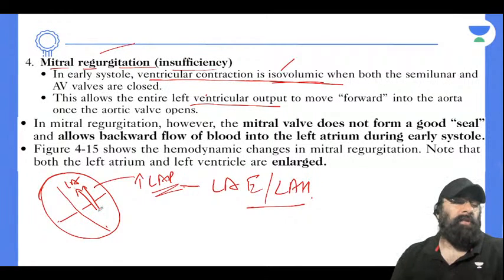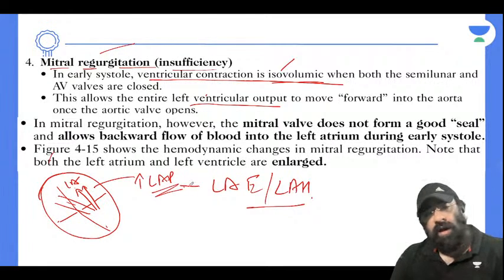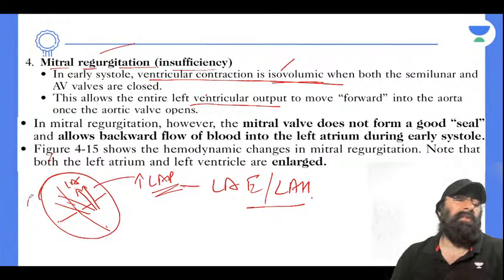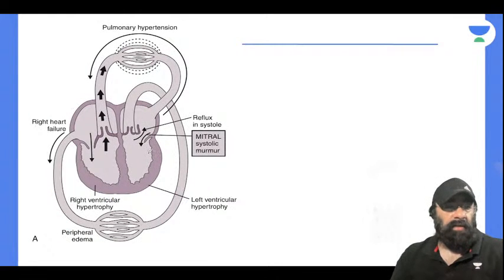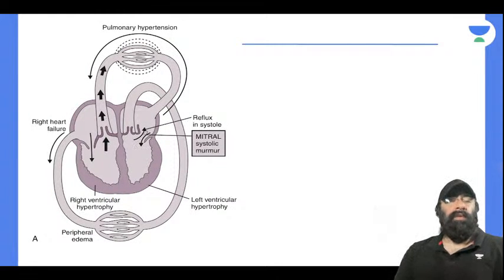Normally that volume of blood, say 10 ml, 20 ml, should have gone into the aorta and come back after circulating through the systemic circulation into the right atrium. But now additional volume is coming directly back into the left ventricle through the left atrium. You're getting it? So if there is more reflux in systole, this is the main problem here.